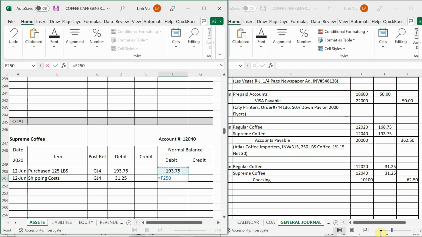So therefore, you're going to add any debits that are in your column with the previous balance and subtract any credit balances. So in this case, I'm going to be adding here $31.25 to the first purchase of coffee to give me a total of $225 even.